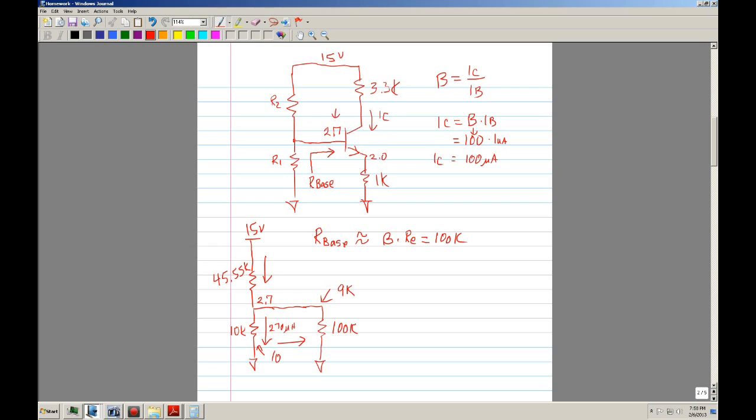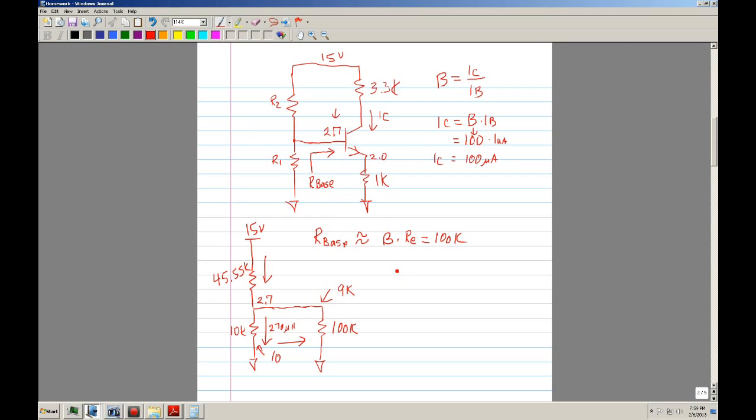Okay, so just say this: 10K and 100K in parallel. Here it is. What is it? 9,090.90. Okay. Before it was 5K. So it does affect it a little bit, but not as much. Okay. So in this case, we can do that, or we can lower this.